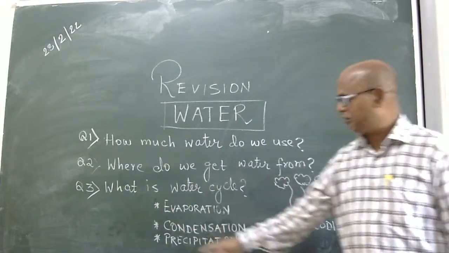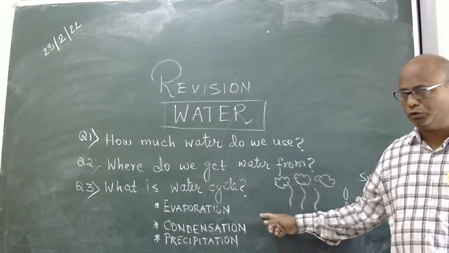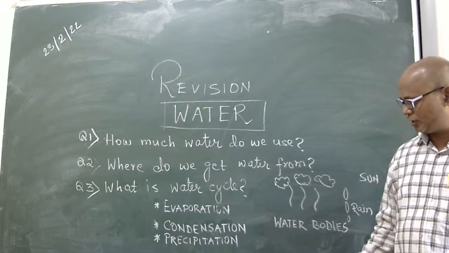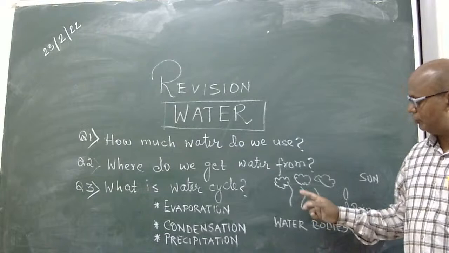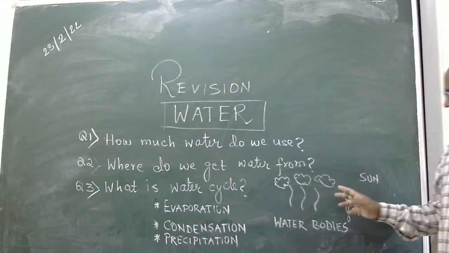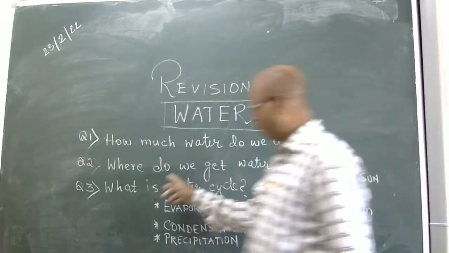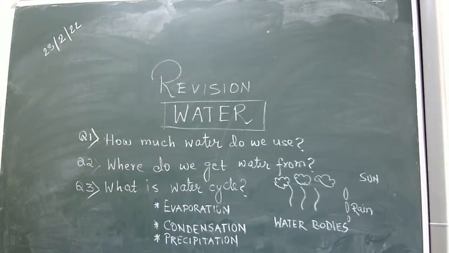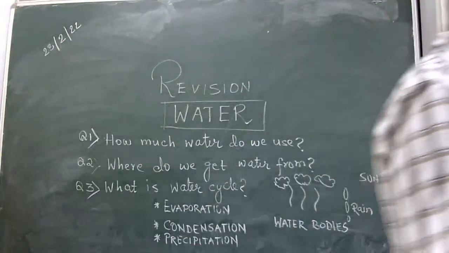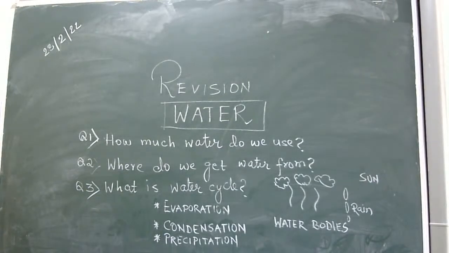Okay, so definition of evaporation you must know, condensation also you must know, precipitation also you must know, and you must know about different water bodies, and you must know how the process of this water cycle continues in nature. Okay, you must learn, revise. Okay, this question, is it clear?